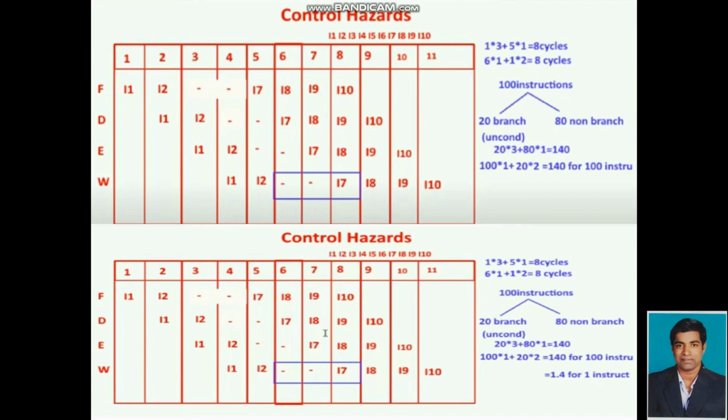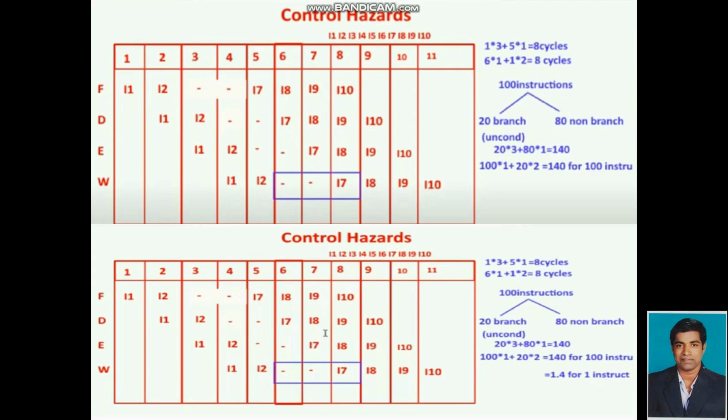Normally it takes 1 cycle, but due to the branching operation it takes 3 cycles. So 20 branch instructions take 20 into 3 plus 80 non-branching instructions, 80 into 1, and we get 140.